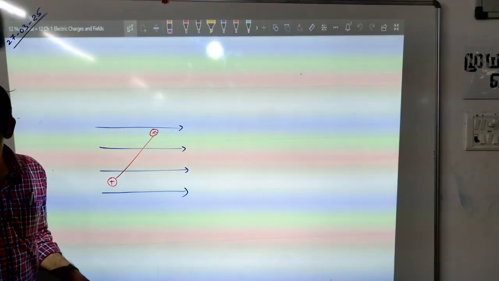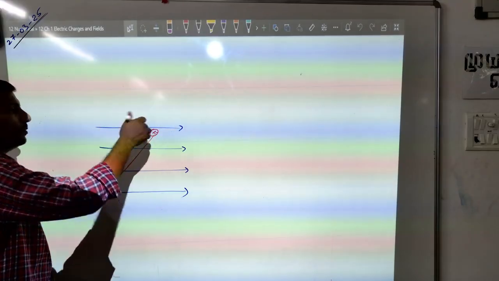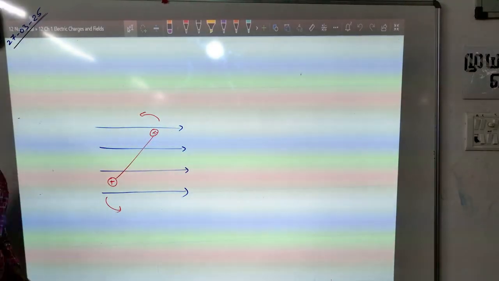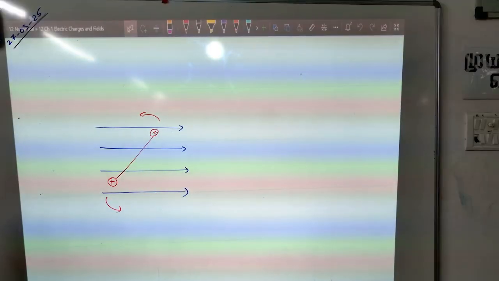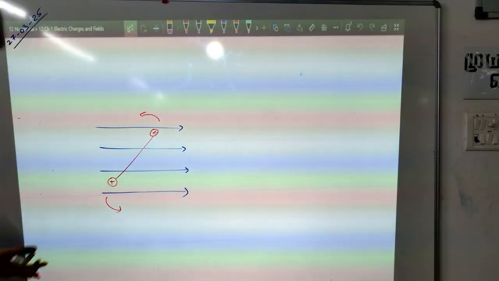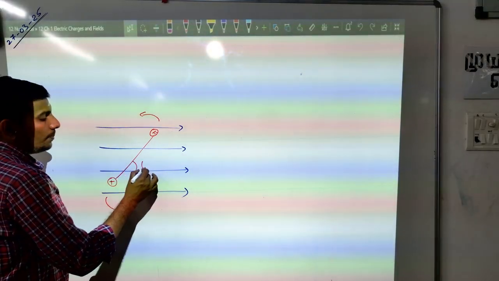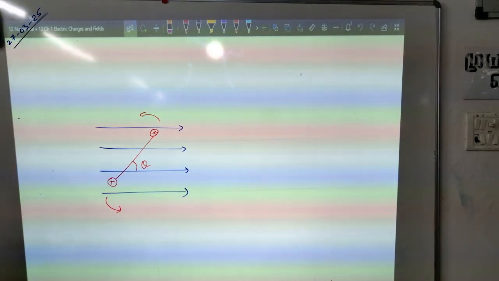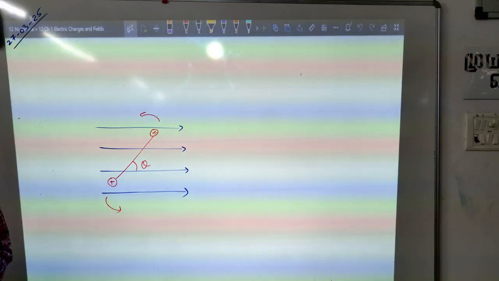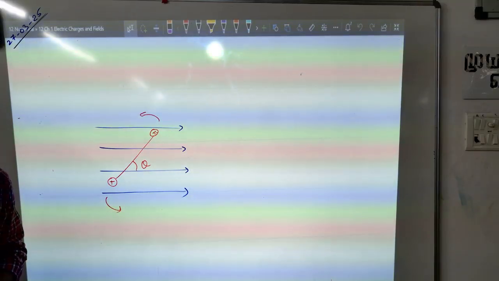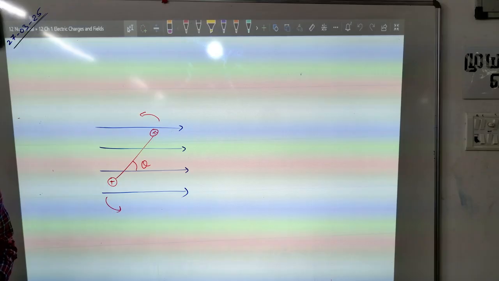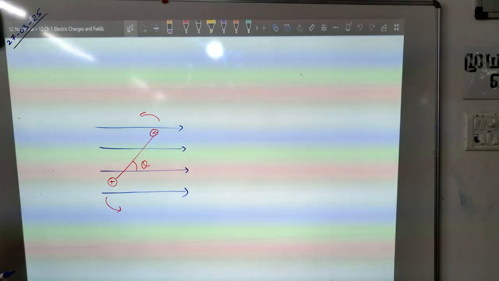We have a dipole, and I'm going to rotate this dipole. When I rotate the dipole, what happens to theta? It increases or decreases, depending on the direction in which I rotate the dipole. So for doing this, how much work needs to be done is the question.